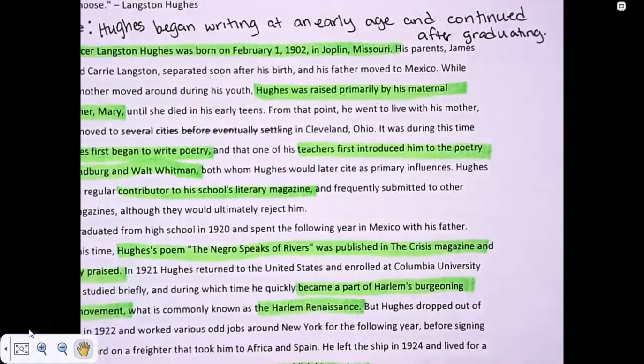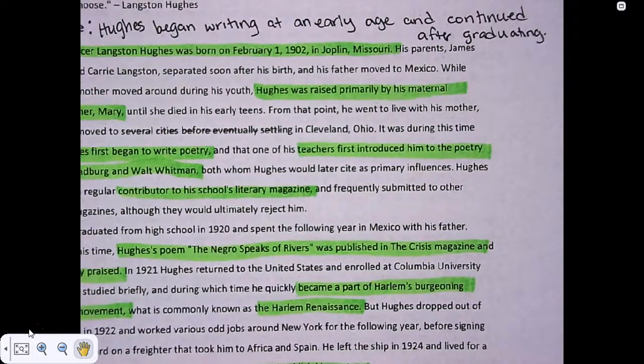So that's an example of a central idea from this part of the selection, talking about the fact that he's writing at an early age and he's continuing to write even after graduation.